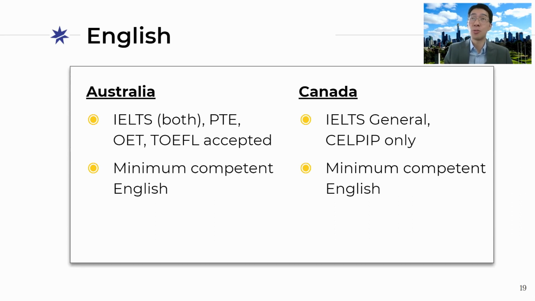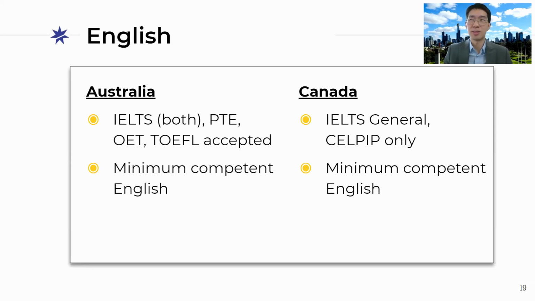The main ones would be IELTS, PTE, and probably OET for Australia. Canada, on the other hand, only recognizes two, and realistically, you can only choose one, because they recognize IELTS General and a test called the CELPIP, which is like a Canadian test of English.